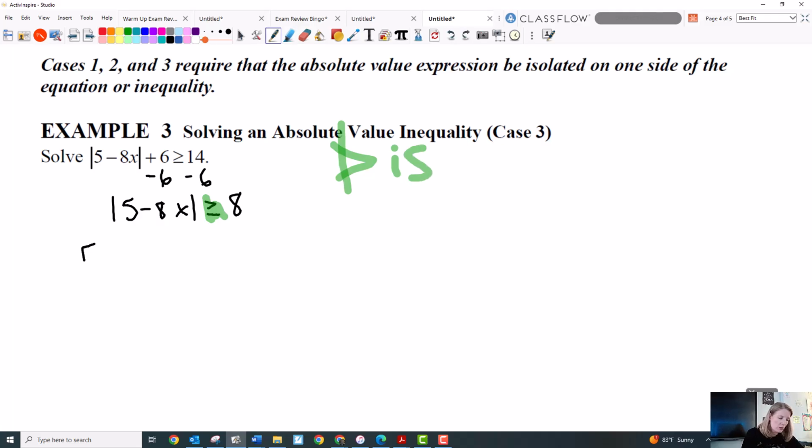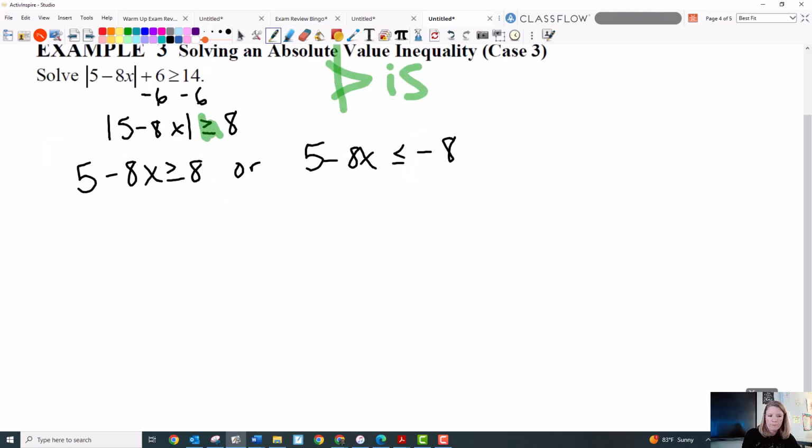So that's an or. So 5 minus 8x is greater than or equal to 8. Or 5 minus 8x is less than or equal to negative 8. Move that up. So minus 5, minus 5. Uh-oh. I'm going to have to flip my sign because I'm dividing by negative 8.